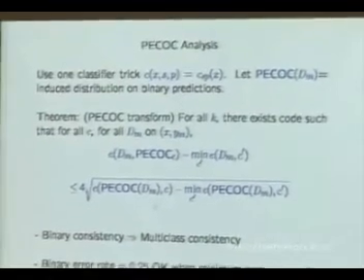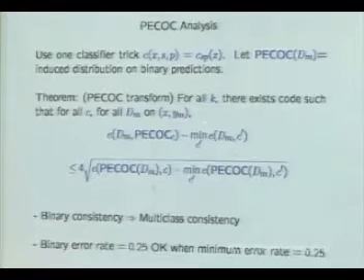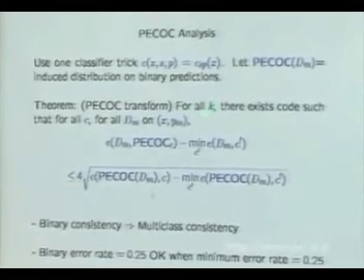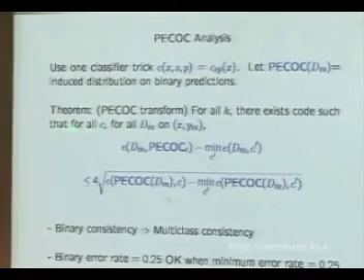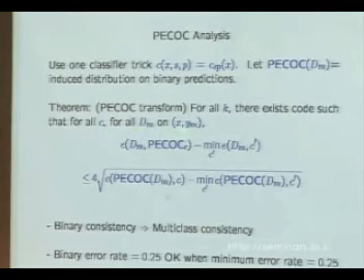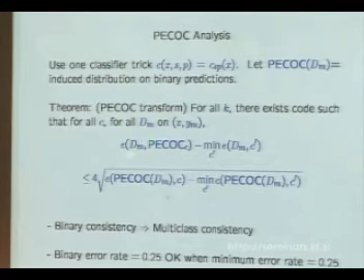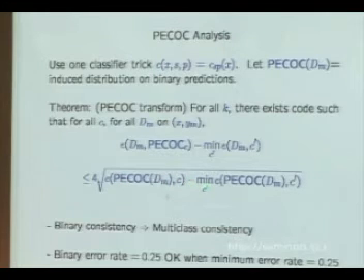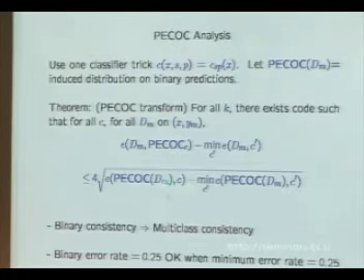And now we're going to prove a theorem. The theorem says, for every number of multi-class predictions, there exists a code such that for every binary classifier, for every multi-class problem, let's start here: the error rate of the binary classifier on the induced distribution minus the minimum possible error rate, so this is the binary regret that C suffers on the induced distribution, take the square root, multiply by 4.